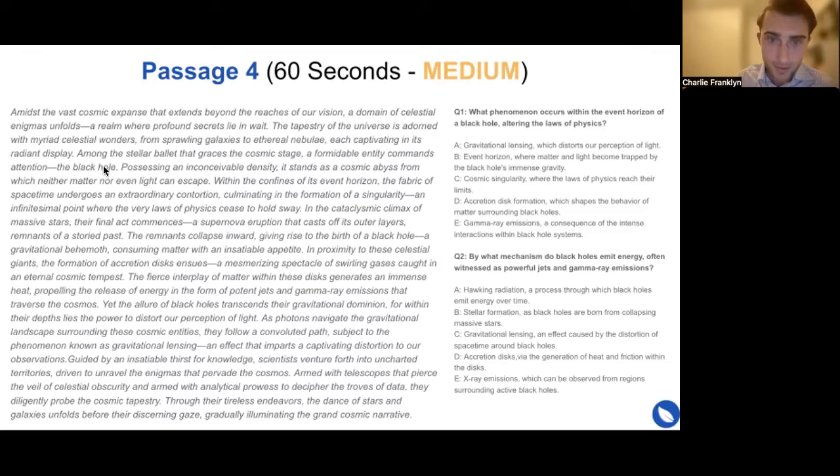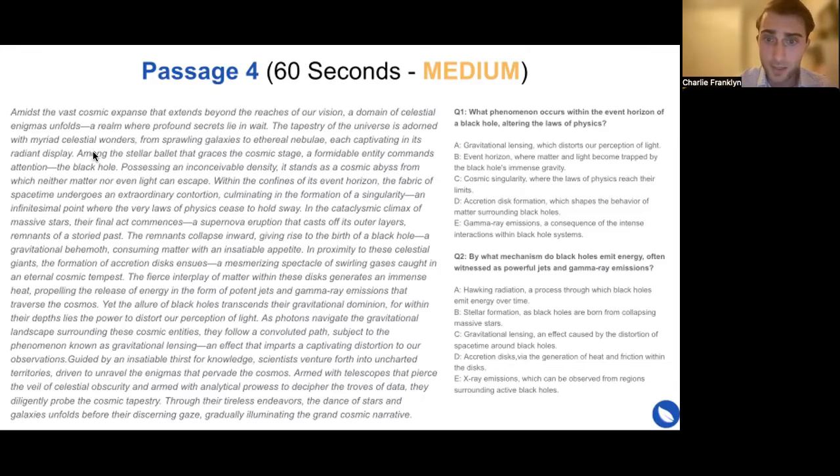It says black hole here. And so I'd read these sentences. So it says, among the stellar ballet that graces the cosmic stage, a formidable entity commands attention, the black hole. So that hasn't given us any information yet. Possessing an inconceivable density, it stands as a cosmic abyss from which neither matter nor even light can escape. Again, no information just yet, which helps us pick one of these answers.